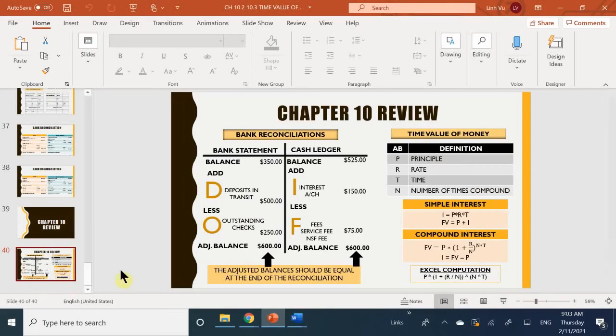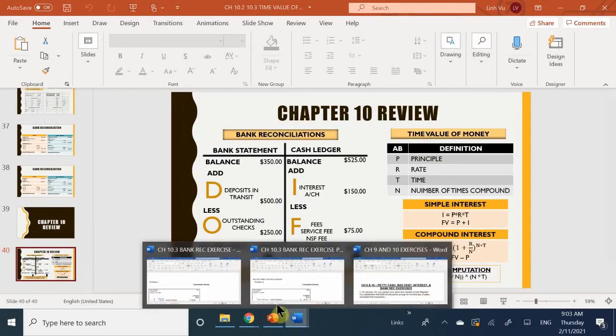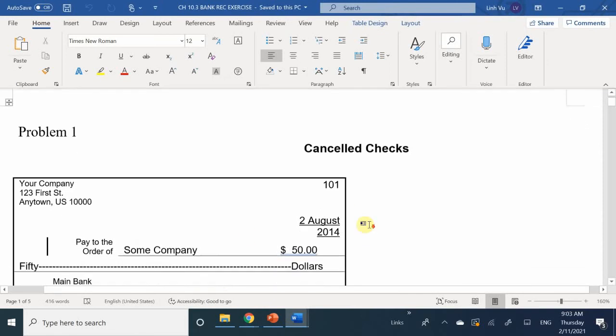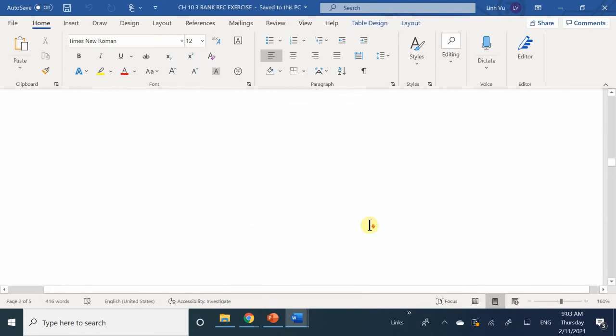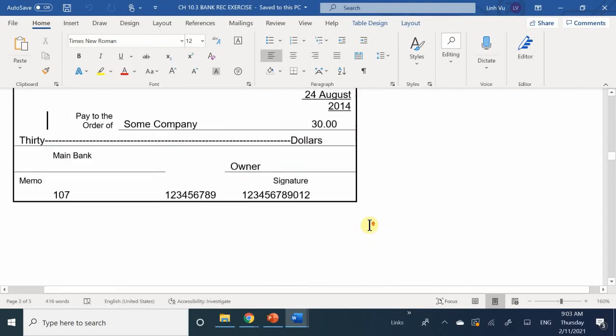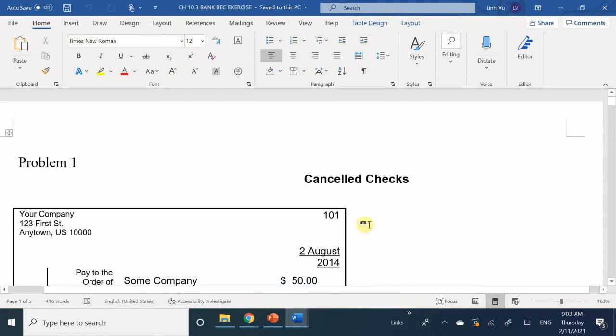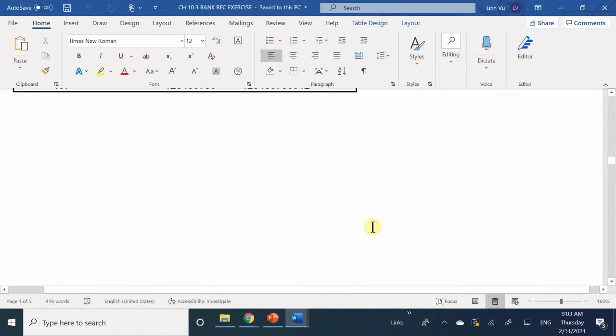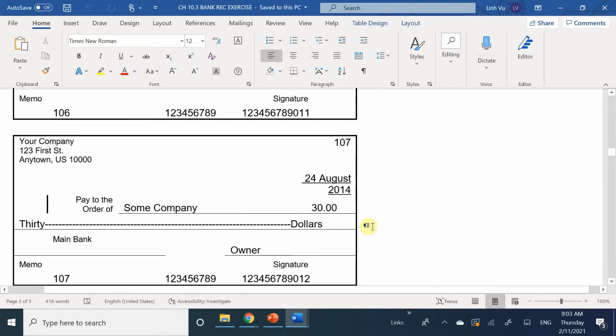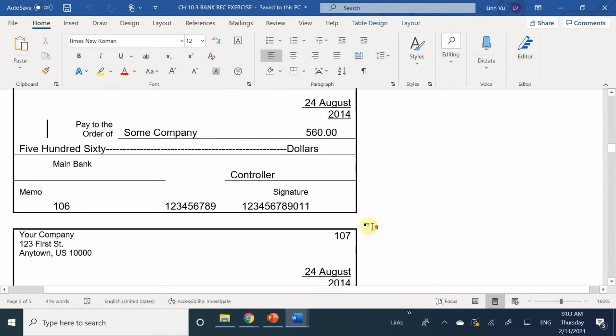Okay. All right, so let's go ahead and get started with the exercise, problem 1 when you open up the file. Here we have copies of some checks that we just kept copies of.